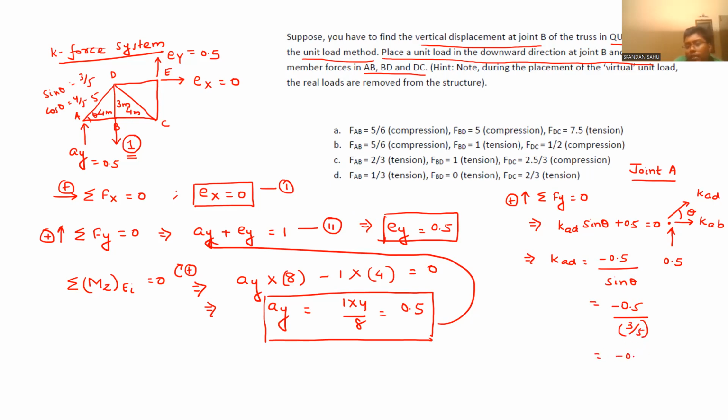So we are getting minus 0.5 into 5 by 3. So what is the value? Minus 2.5 by 3 is KAD value.